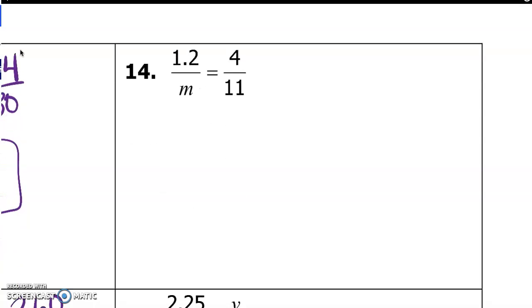Number 14. Now what I'm going to do is I'm going to change the order. I want my variable to go first, so I'm going to do the m times the 4 first, and it's totally okay to do it that way. All right, so I would start mine as 4m, so again, you always put the number first and then the letter, equals 1.2 times 11 gives me 13.2. All right, so I went out of order and I didn't show my first step.